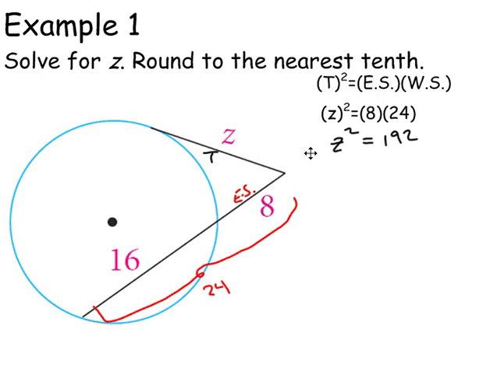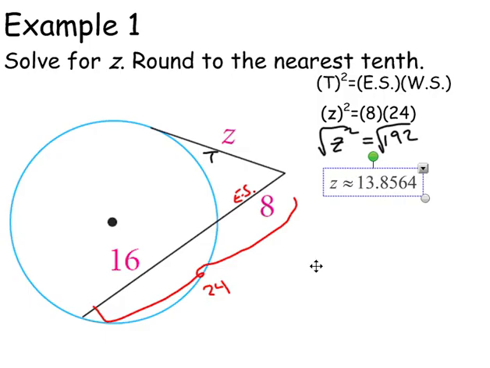Now we got to solve for z, so we square root both sides, and we will get approximately 13.8564. We are told here to round to the nearest tenth, so our final answer is 13.9.